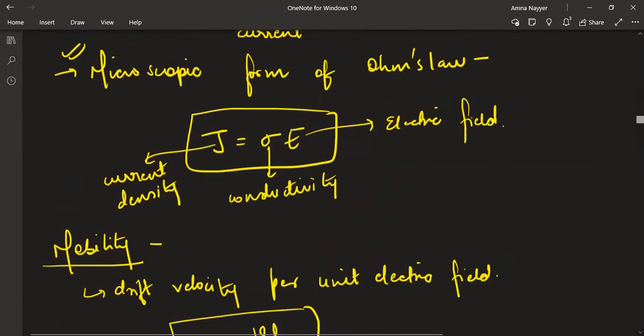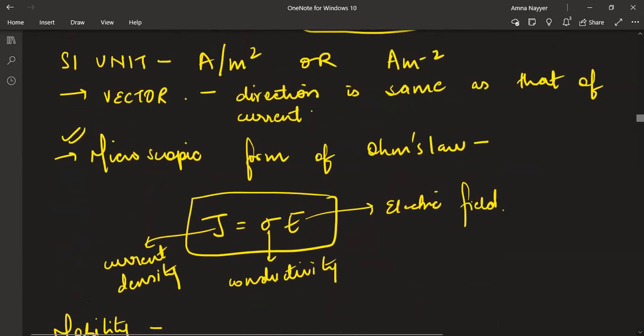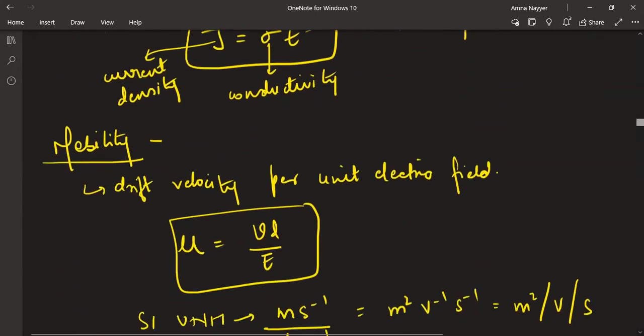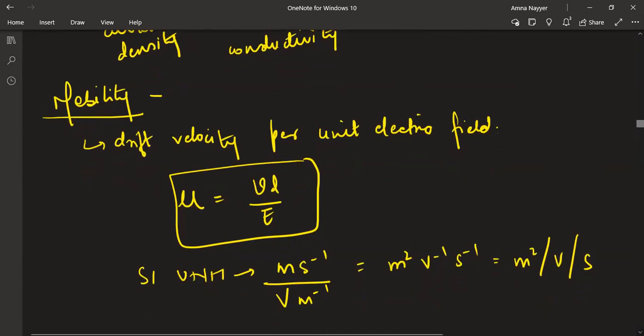And class, this can be asked separately: the microscopic form of Ohm's law is just this statement, J is equal to sigma E. J is the current density, current per unit area, sigma is conductivity, the inverse of resistivity, and E is the electric field. Now mobility is drift velocity per unit electric field. Whatever the value of drift velocity, if you divide it by the electric field, you get mobility.